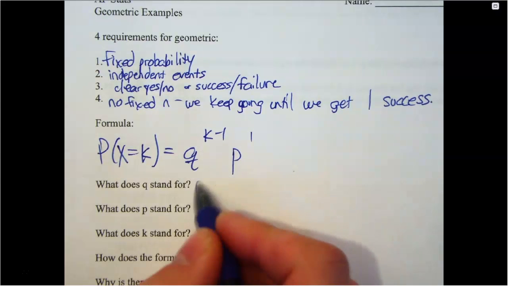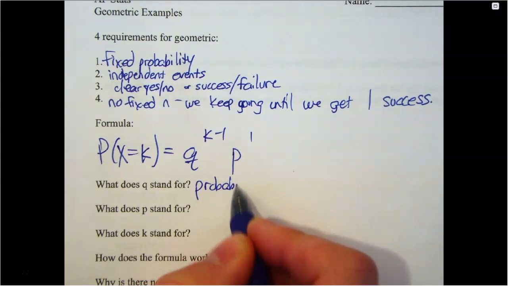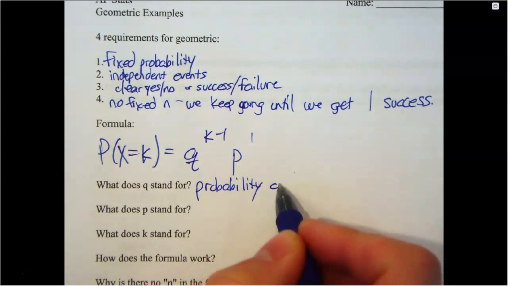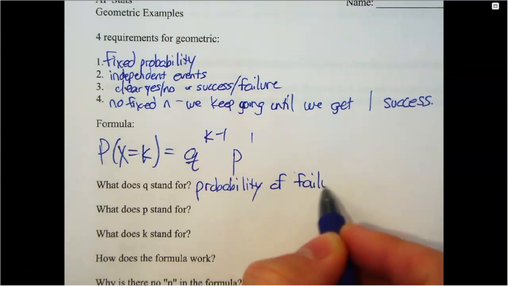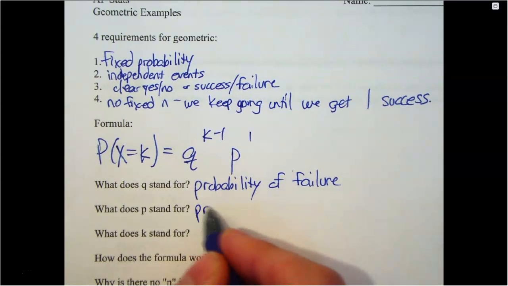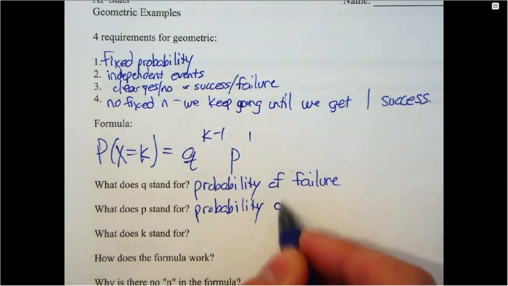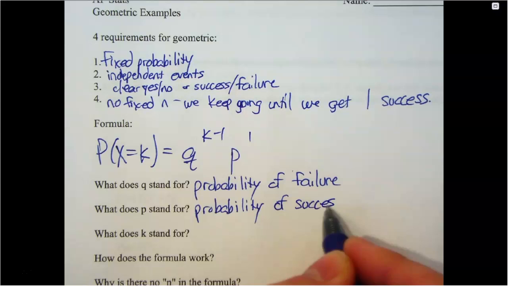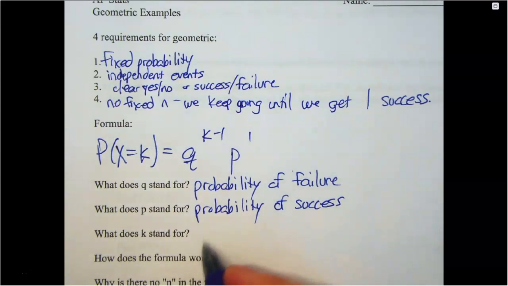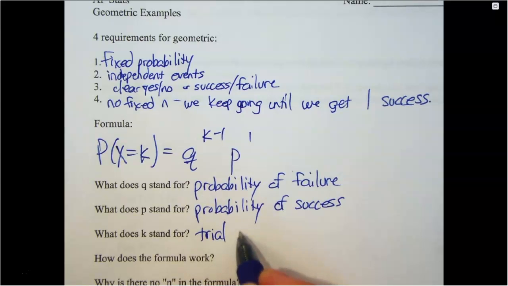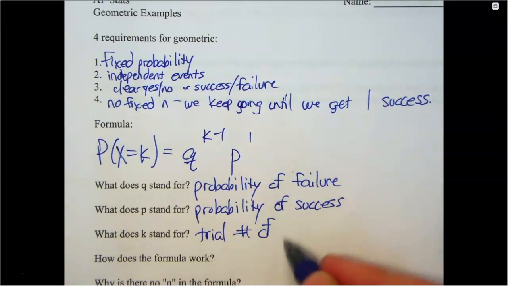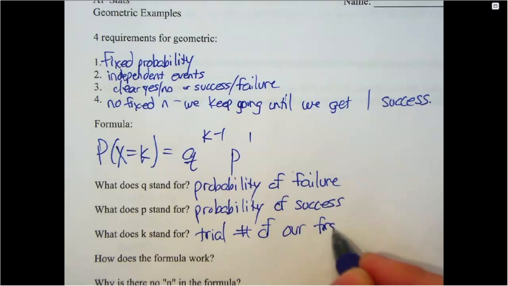So the q stands for probability of failure. The p is probability of success. K is the trial number of our first success.